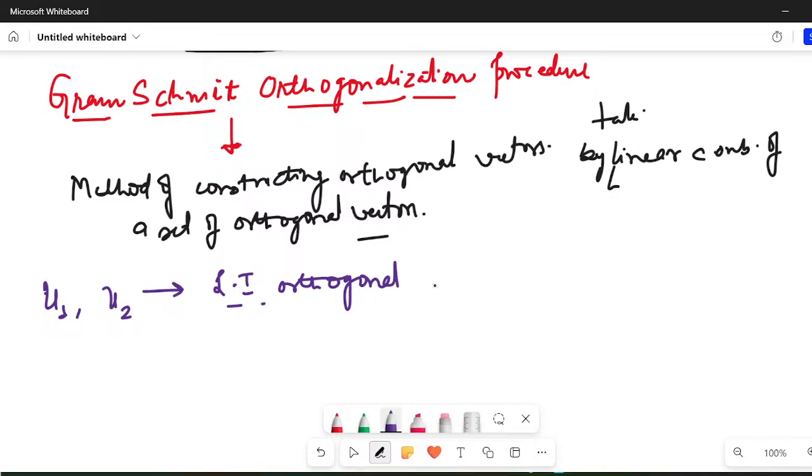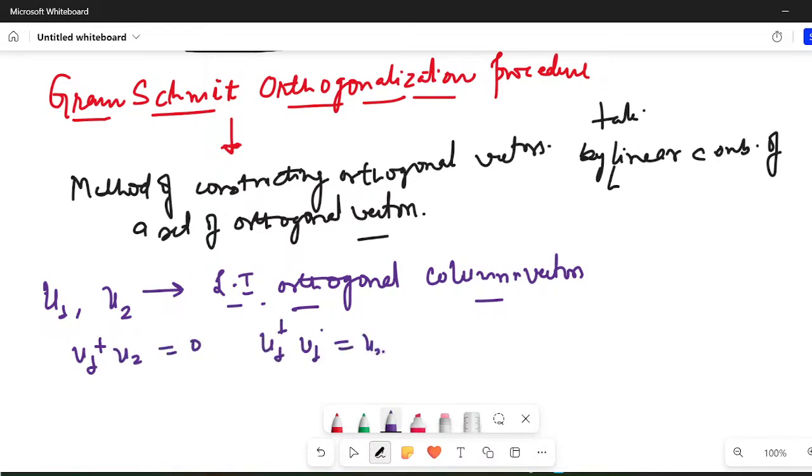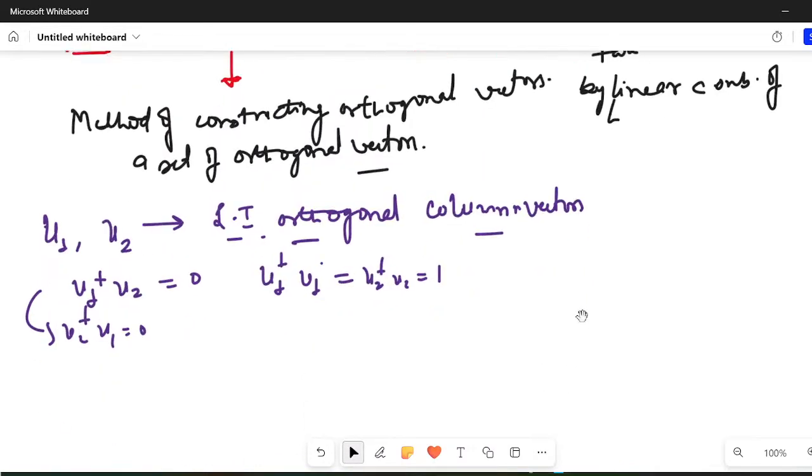So u1 and u2 form linearly independent orthogonal column vectors. If this is the case, then I already know that u1 dagger u2 would be equal to 0, and whether I take u1 dagger u1 or u2 dagger u2, it would be equal to 1. Simply, I can also write that u2 dagger u1 would be 0 by taking a dagger here.